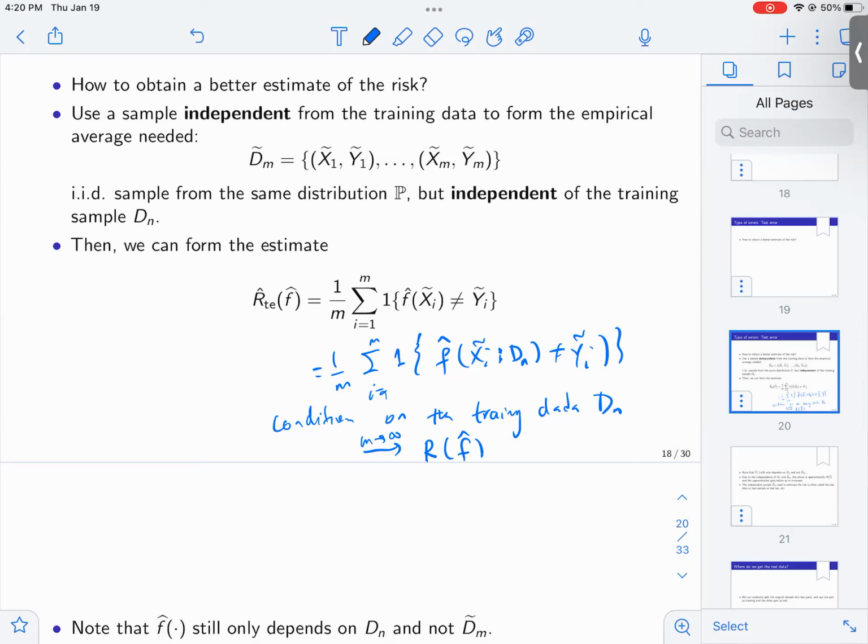So the tilde is the test data, and they're independent. So all these terms are going to be independent. So this is an average of independent quantities. So this is going to converge to the expectation, which is a conditional expectation given the training data. Well, you just assume that the training is fixed, so no conditioning is necessary. Then this is going to converge to the true risk. Okay, so you increase your test size, you get a progressively better estimate of the true misclassification rate.